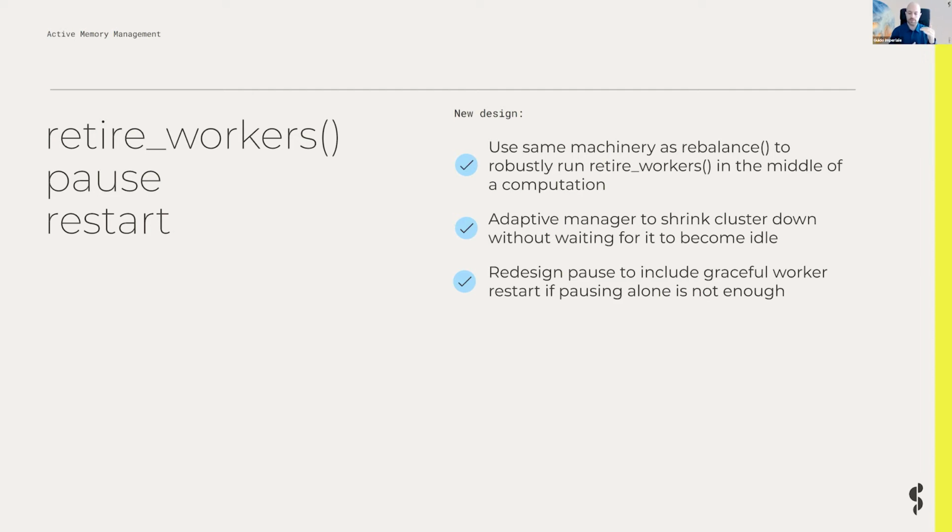And that needs to be redesigned again so that pause can, okay, first offload all the worker data, offload all the pending tasks. Okay, I have nothing left going on. I still have 70% memory.